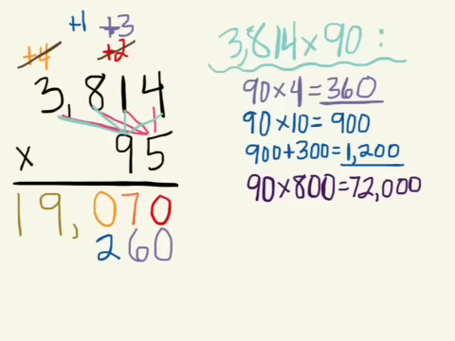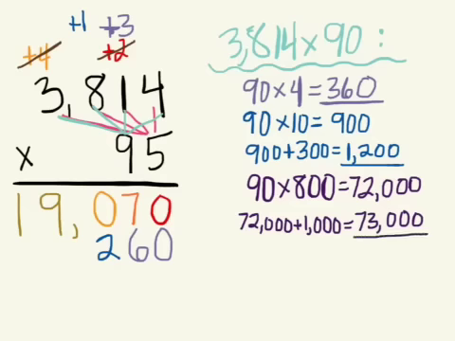But wait, we can't forget about our spillover. We had 1, which is really 1,000 that we need to add to this, making it really a total of 73,000. And that was all part of the same distribution step there. So where do these digits go? Well, that 3 is in the thousands place. That's right here, and I've got space for it. Fantastic.